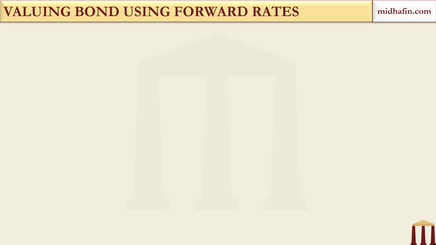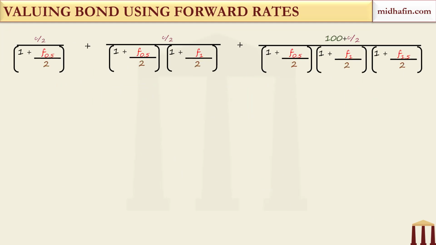Now, valuing a bond using forward rates, we all know what forward rates are. So when we are trying to value bonds using forward rates, this is the formula that is used. In fact, it should be understood that the first period spot rate is the same as the first period forward rate. If I go by the convention of this curriculum, rates are assumed to be semi-annually compounded. So I have the 6-month spot rate, which is the spot rate for the current 6 months, from today to the next 6 months.